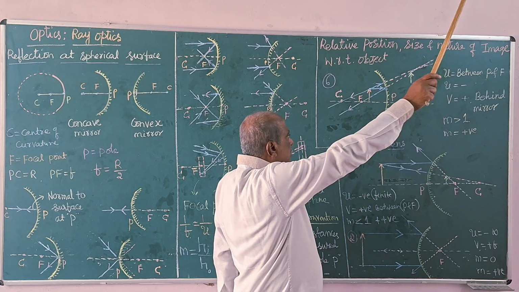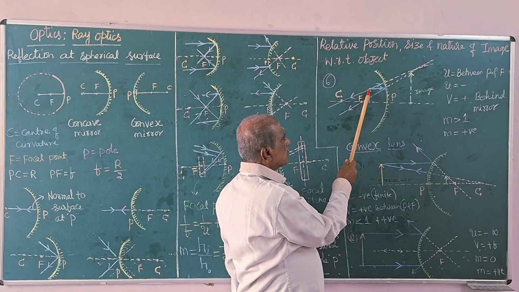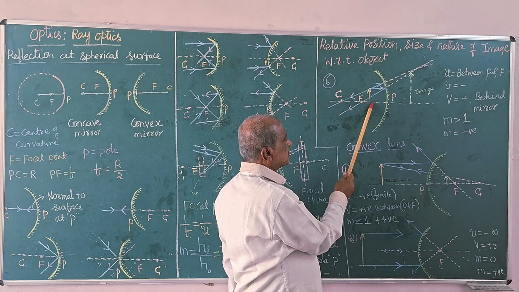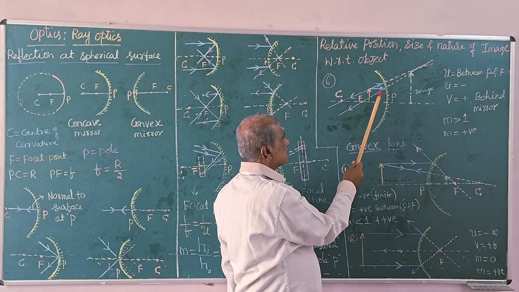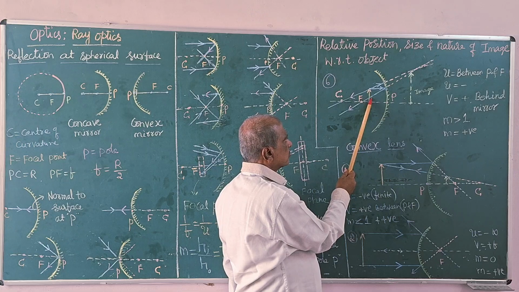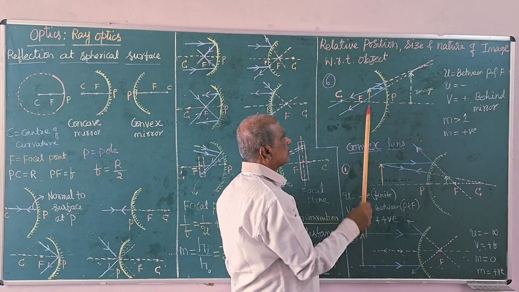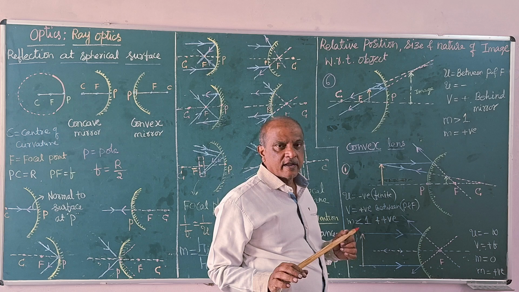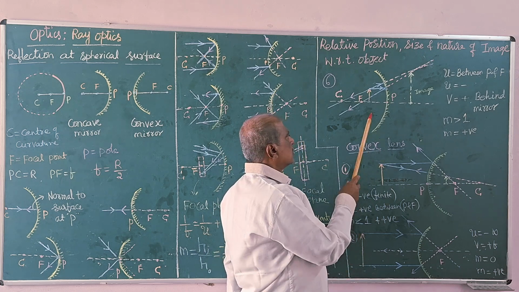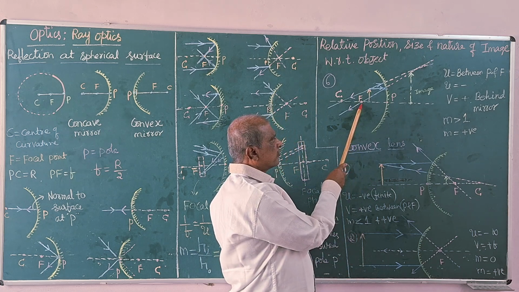And one more incident ray I am choosing, parallel to the principal axis. As you know, after reflection, the reflected ray should pass through F, the focal point.